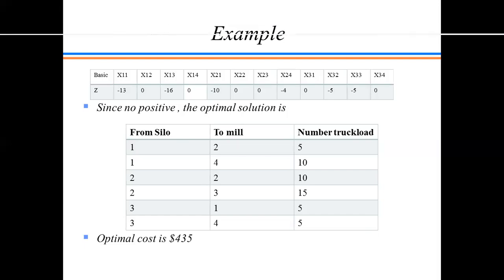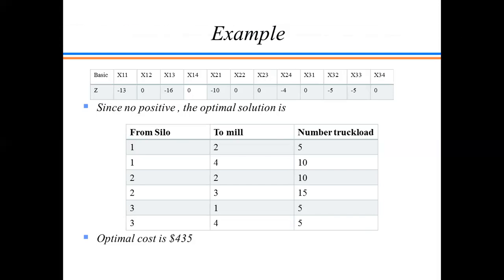If not balanced, then you need to add a dummy. If total capacity is less than the total demand, then we need to add a dummy source. Or if total capacity is more than the total demand, then we need to add a dummy destination. Okay. After we make it balanced, then we need to create the transportation table.